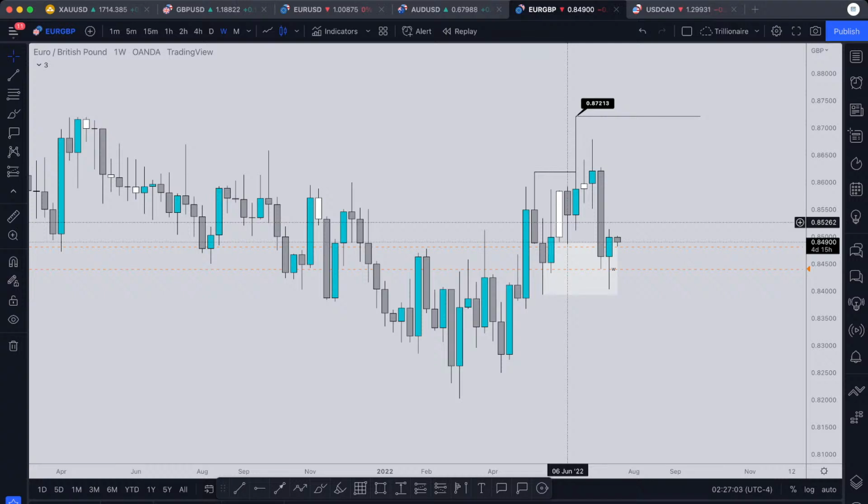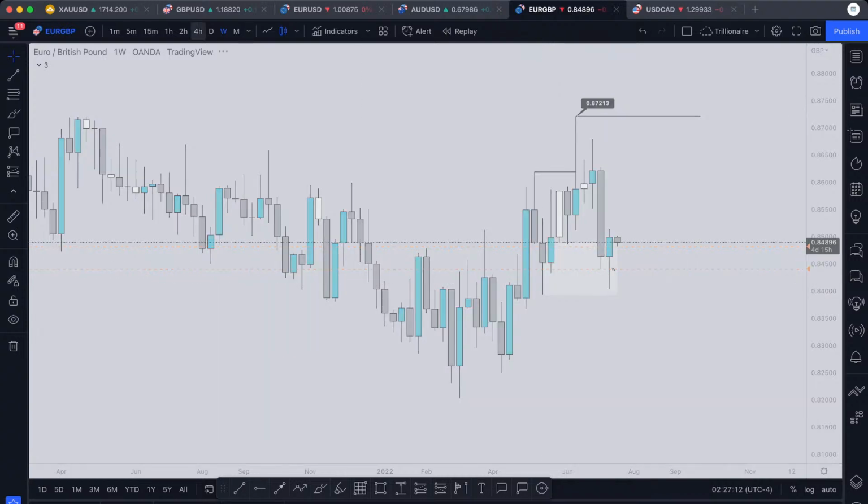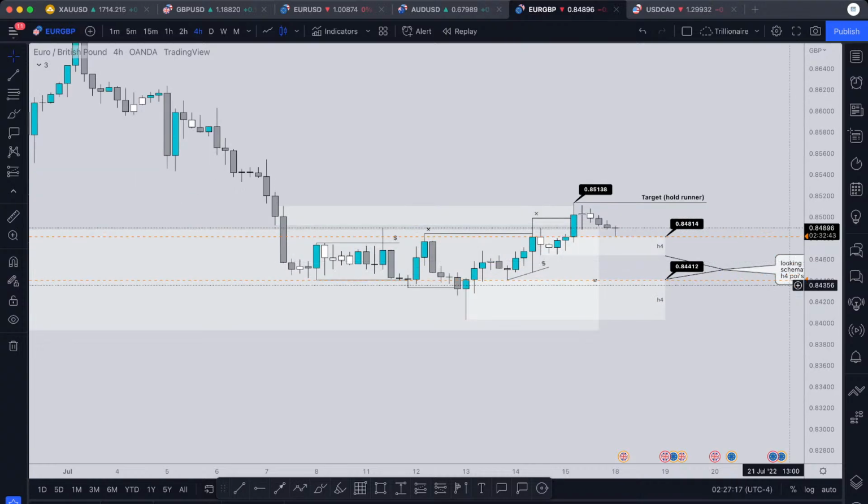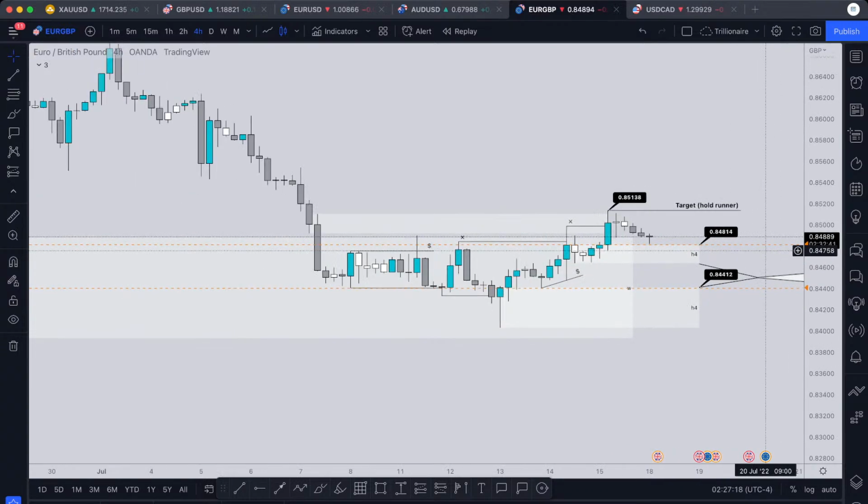So now let's go ahead and jump to the H4 time frame. We can see that this is definitely weekly demand here. On the H4 time frame, let's move this. Hold on.